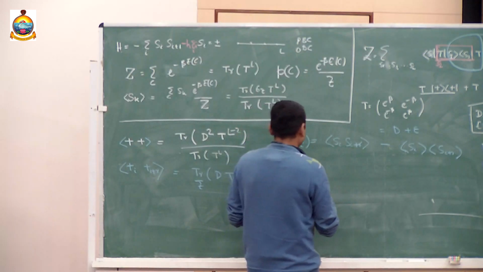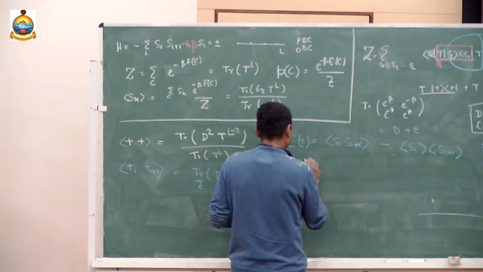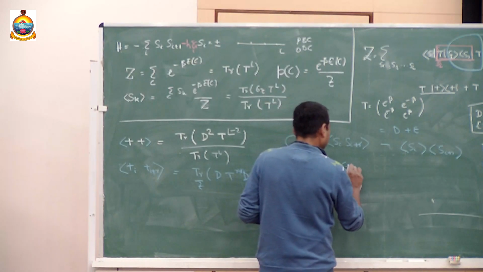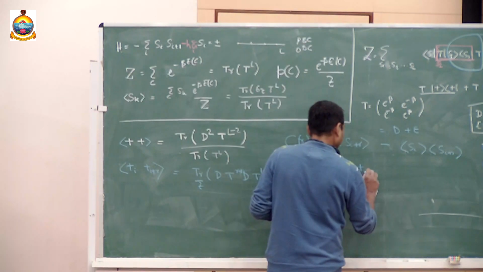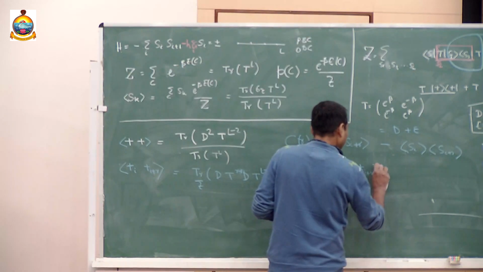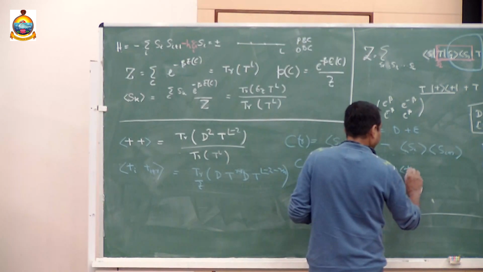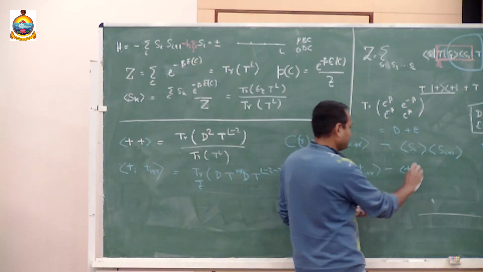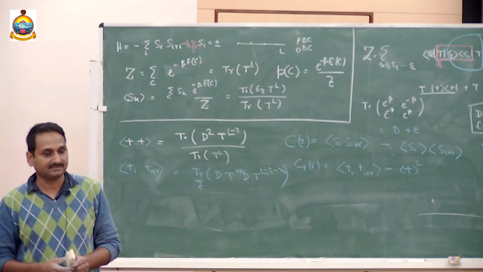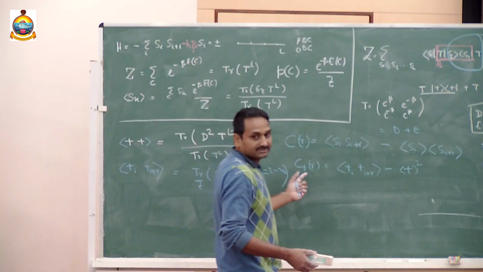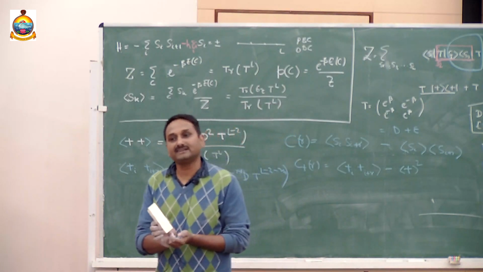My correlation function, let us say C plus of R, is the probability of plus at i and plus at i plus R, minus the average squared. That is the correlation function. So now the question is, can I find the correlation?